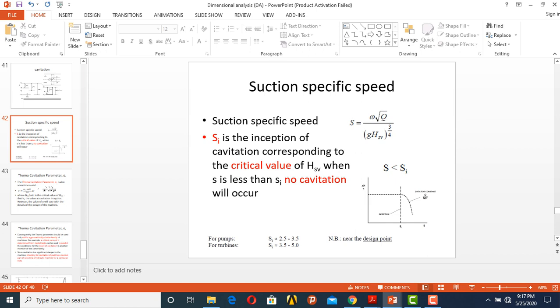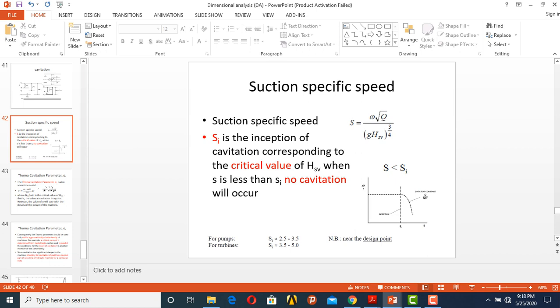So this specific speed, in this case, we are calling S_i, which is the inception of cavitation corresponding to the critical value of suction head. I is for inception. When S is less than S_i, that is, when the specific speed is less than the inception specific speed, no cavitation will occur.